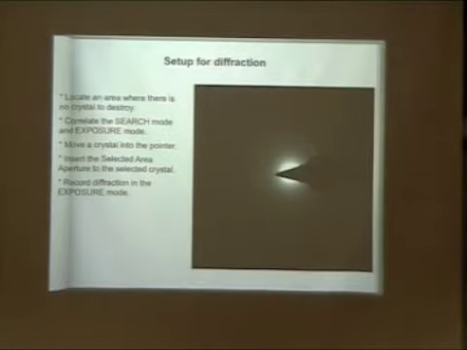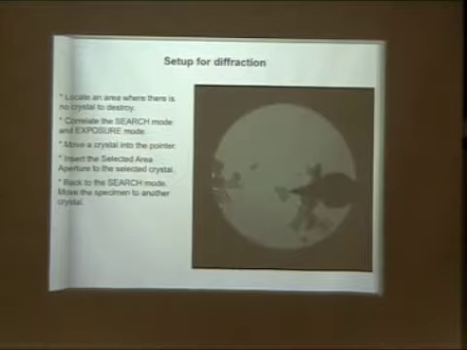Of course, in this one I don't see any actual spots, but that doesn't mean that if you have a good crystal, a good microscope, and a proper setup, you shouldn't be able to get a very good diffraction. Now go back to the search mode again, so you can see that this is the beam actually burning, right? And this is because I put an aperture here, so I will get a diffraction only from this crystal.